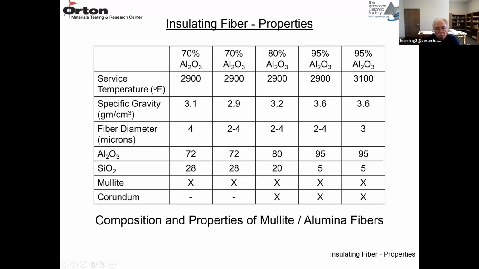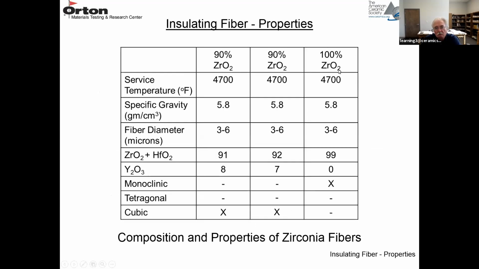If you produce a fiber based on zirconia, these are 90% and 100% materials. These surface temperatures are much higher, 4,700 degrees F, because they're a high temperature material. They're denser, so the specific gravity is closer to 6. And these fibers are about 3 to 6 microns in diameter.